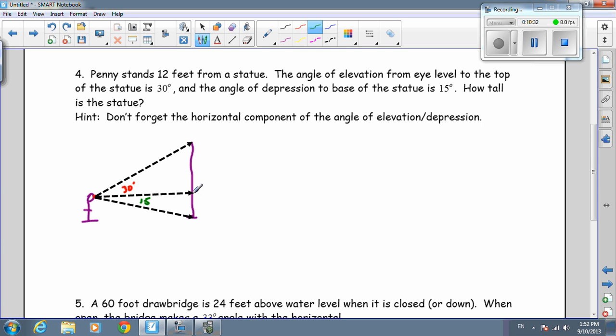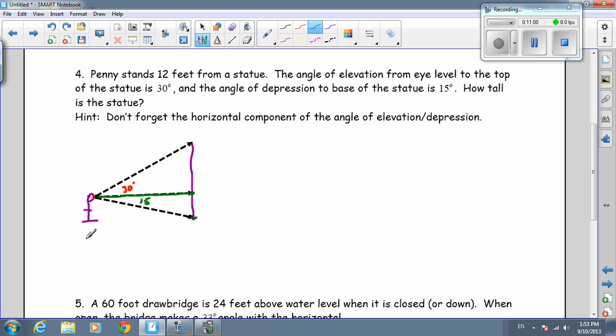Now, the distance from this point to this point should be Penny's height. How tall is the statue? We don't know. That will be the whole height. So that's what we're looking for. Don't forget the horizontal component of the angle of elevation and depression. And that horizontal component is what I'm highlighting now in green.